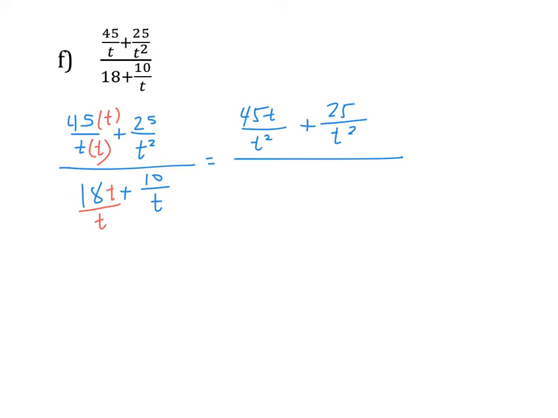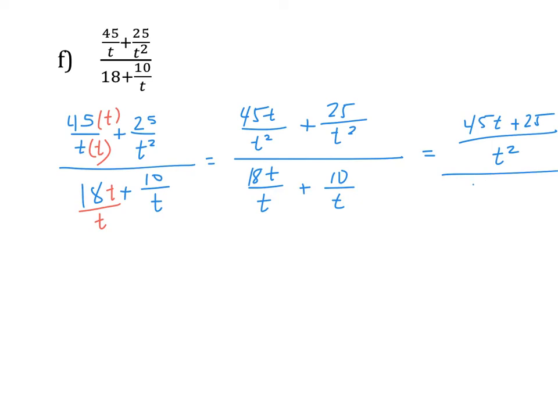So for the denominator, I have 18t over t plus 10 over t. Simplifying each of these, I'm able to get 45t plus 25 over t squared under one denominator. So we have this 18t plus 10 over t.